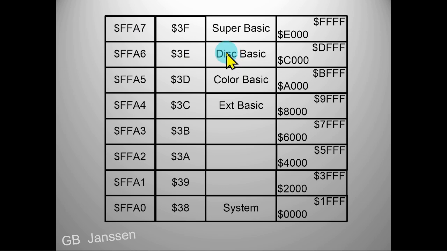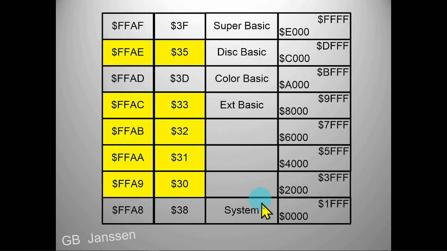If you say task 1, here's what you get. 64K is the same. I should have taken out the words extended basic and disk basic, but this is what we'll have. These blocks stay in: 38, the system block, color basic, and super extended basic stay in. 30 through 33 is our high resolution graphics screen, regardless of whether you do an H screen 1, 2, 3, or 4.